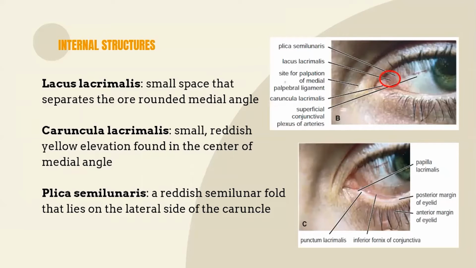The lacus lacrimalis is a small space that separates the eyeball from the rounded medial angle. The caruncula lacrimalis is a small reddish yellow elevation found in the center of the medial angle. The plica semilunaris is a reddish semilunar fold that lies on the lateral side of the caruncle.